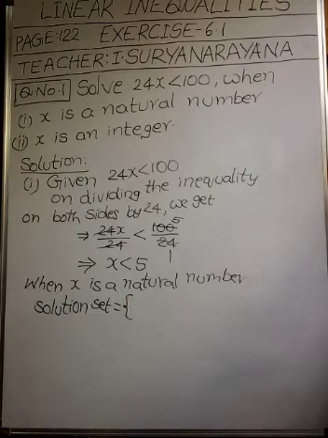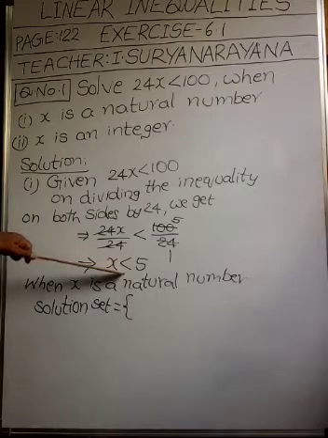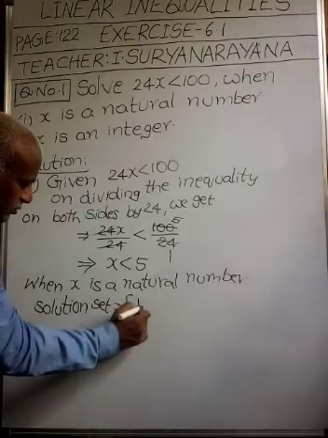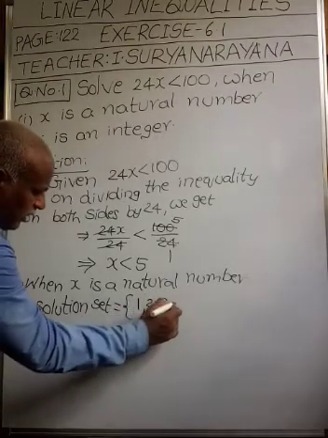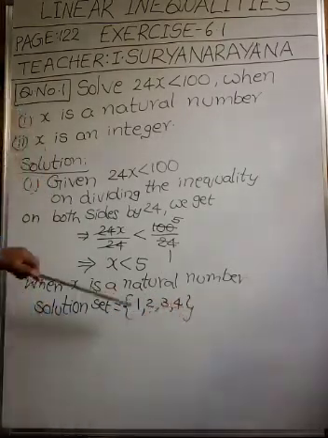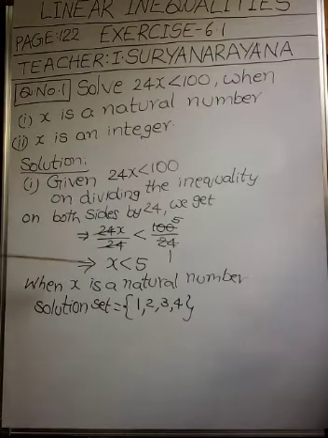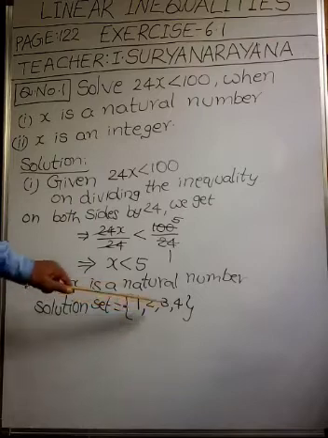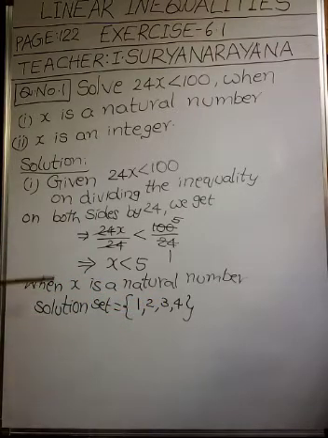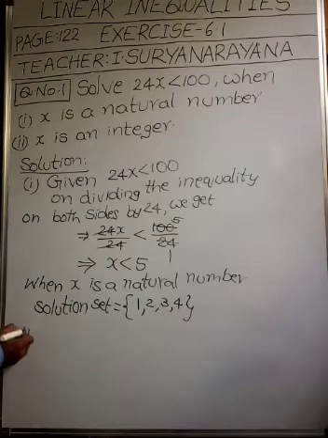What are the values which satisfy this inequality, making a true statement? 1, 2, 3, 4. Only these 4 natural numbers make this inequality a true statement. That is why these four values are said to be solutions of this inequality. Understood this step, my dear children? Right. Now come to the second part.